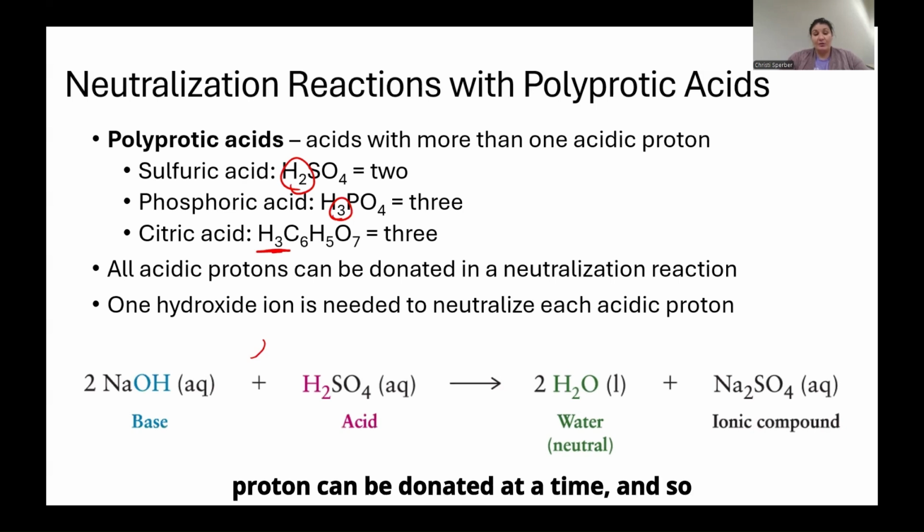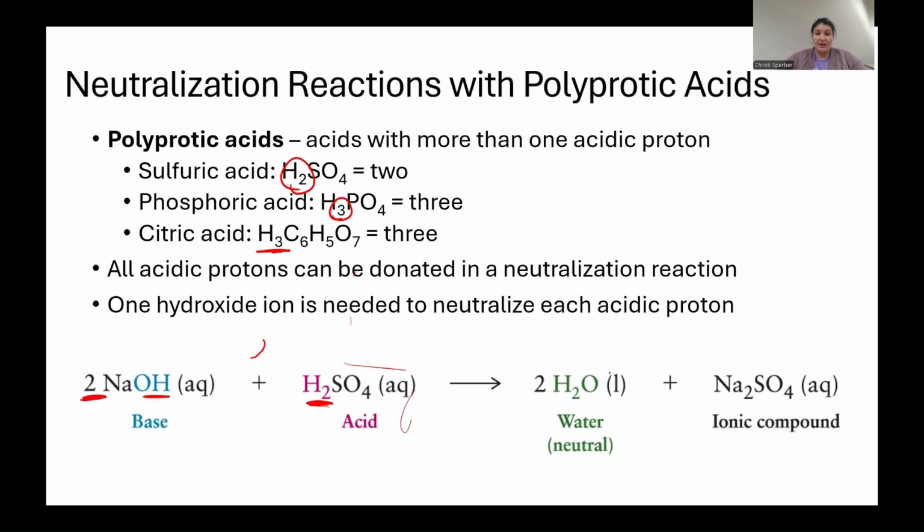Only one acidic proton can be donated at a time, and so there can be successive reactions, but all of them can be donated. So we can see here, we have a diprotic acid, so we have an acid with 2 hydrogens, so we need 2 hydroxide ions to neutralize it completely, and we'll end up with two waters. So we need two sodium hydroxides to neutralize the sulfuric acid.